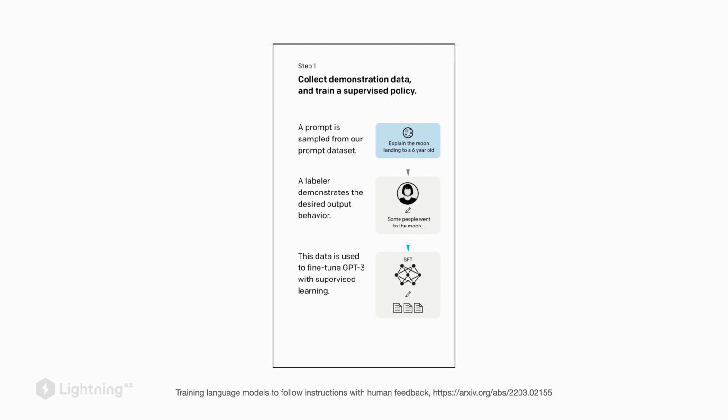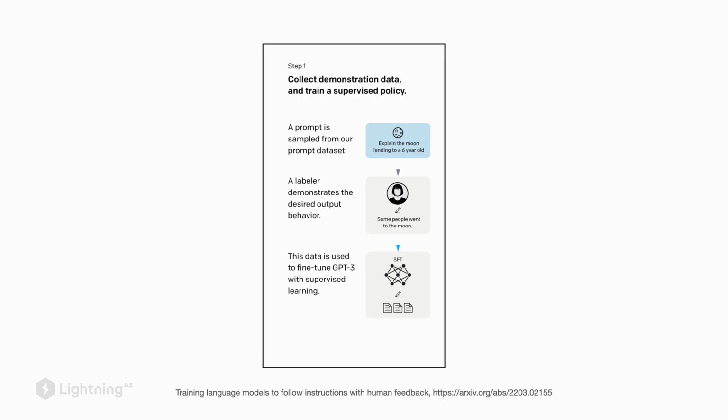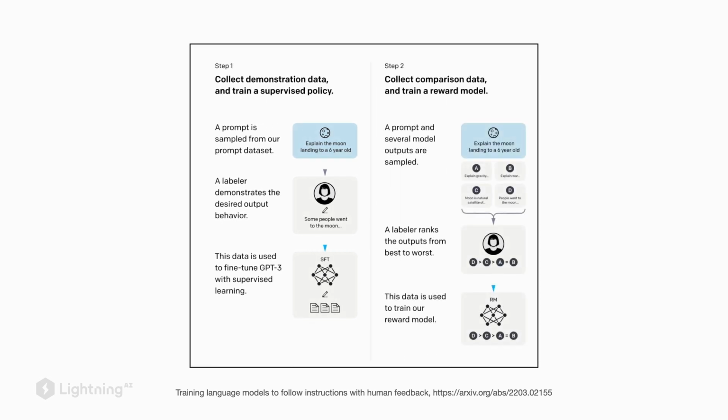And then these desired responses are used as essentially target data to fine-tune the GPT-3 model in a supervised fashion. And then in the second step, the fine-tuned model is used to generate responses for different inputs, and humans have to rank the quality of the responses, including the human-written responses. So you end up with a ranking of the human-generated responses and the machine-generated responses.